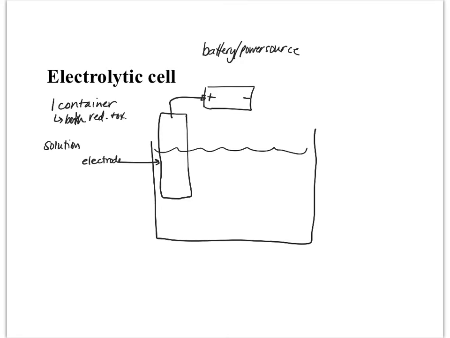Now, one use of an electrolytic cell is electroplating. Have you ever heard of something being gold plated or silver plated or chrome plated, like a car part? Like that really cool car that you probably just heard zoom past my house.